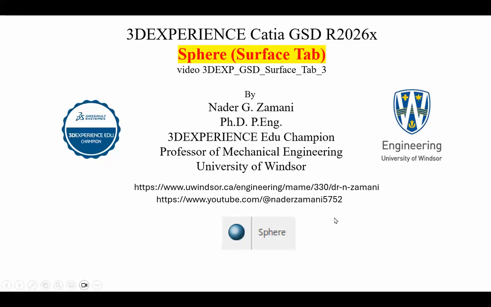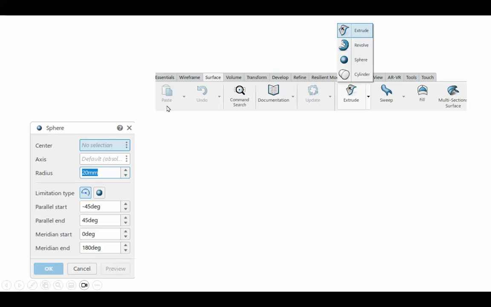When you are in Generative Shape Design, the ribbon at the bottom looks like so. If you select the Surface tab, you're going to get a pull-up menu, and in it, you have the ability to create a sphere. When you double-click on that icon, you will get this dialog box, which needs to be filled out.